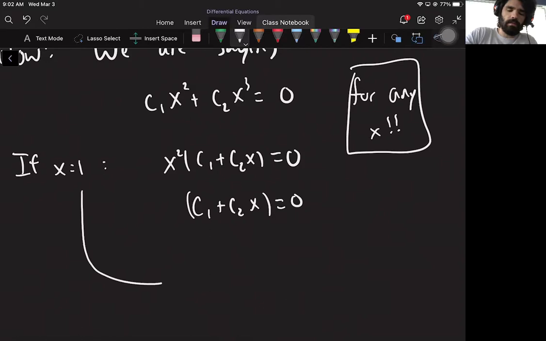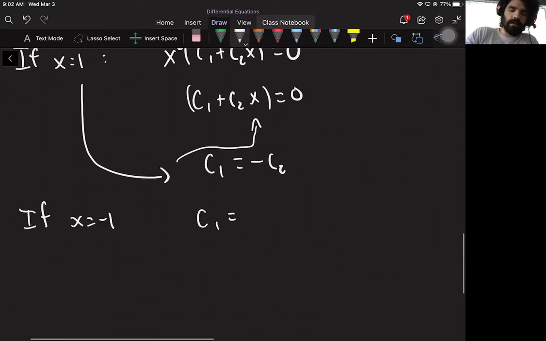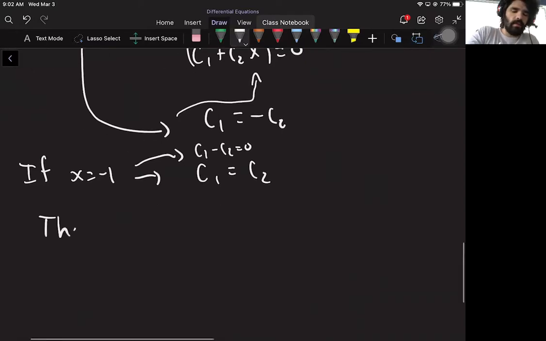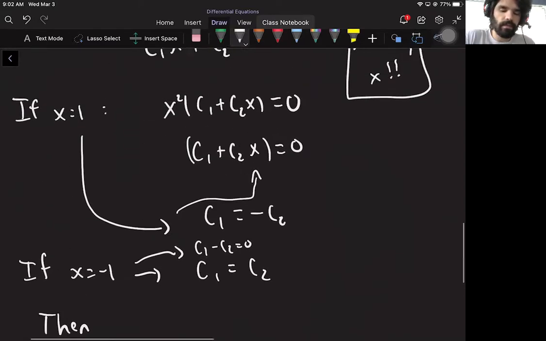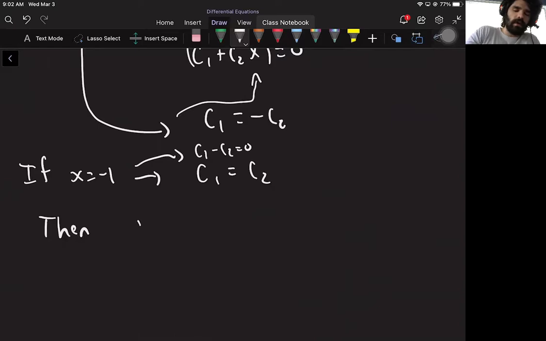So if x equals 1, I'm going to get that C1 equals negative C2 by plugging in 1 there. But if x equals negative 1, I'm going to get C1 equals C2 because I'm going to get C1 minus C2 equals 0. So what I'm doing is using values of x to figure out what my two constants have to be to make everything work. Now I know that C1 equals negative C2 equals C2.